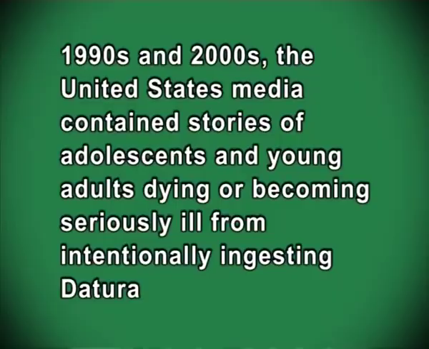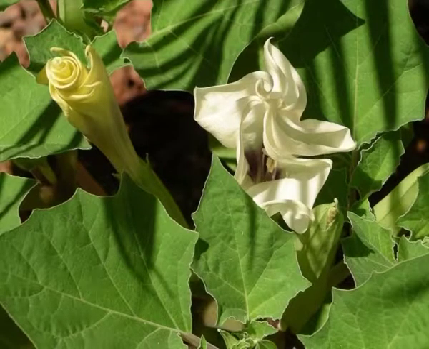For example, in the 1990s and 2000s, the United States media contained stories of adolescents and young adults dying or becoming seriously ill from intentionally ingesting datura. Datura toxins may be ingested accidentally by consumption of honey produced by several wasp species during the datura blooming season.